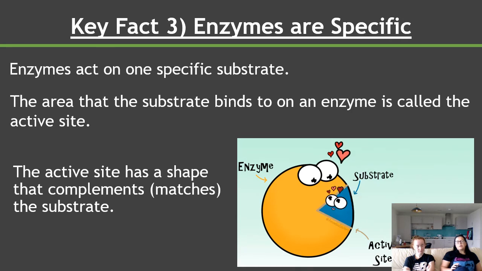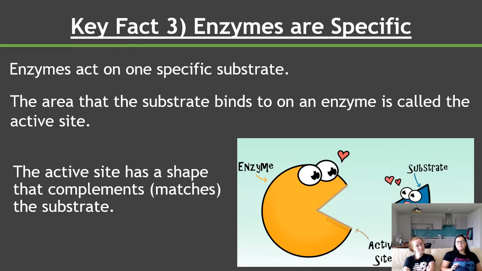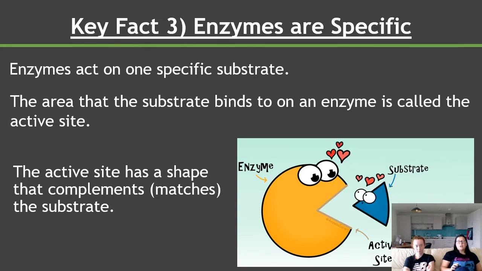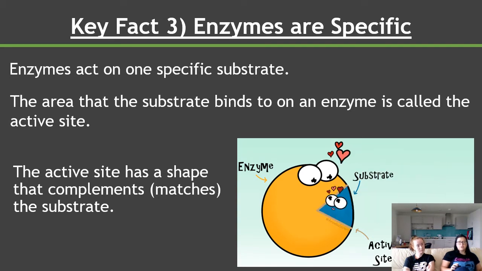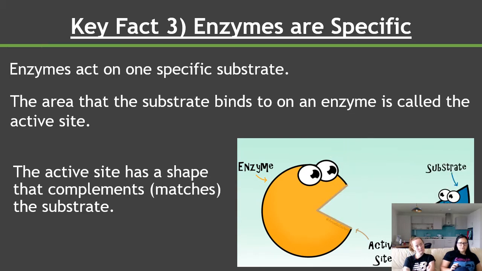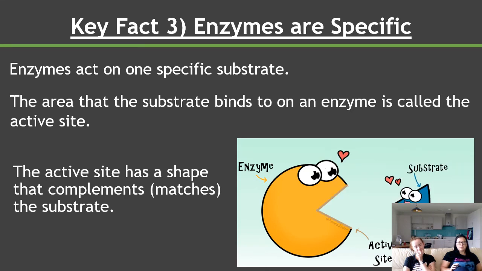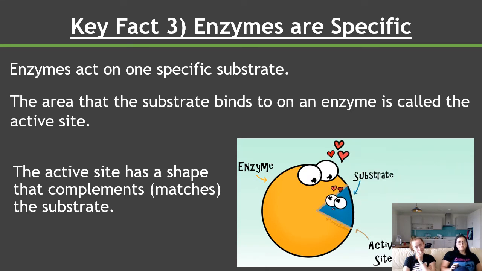Okay, now key fact number 3, enzymes are specific. The substrate is a specific shape. The enzyme that binds to that substrate is also going to be a specific shape. Now, there are lots of different types of enzymes, therefore there are lots of different types of substrates. Now, the area that the substrate is going to bind to is called the active site. We'll cover that a bit more later.